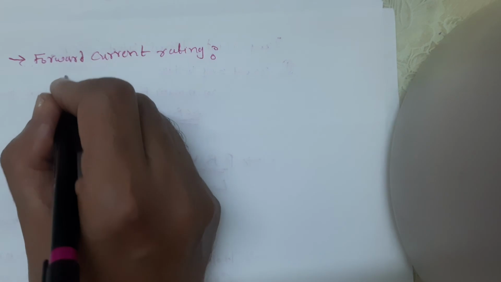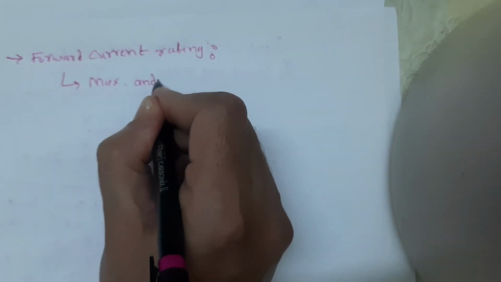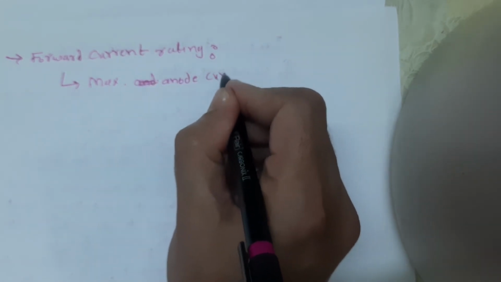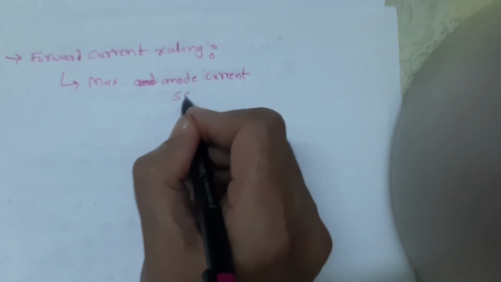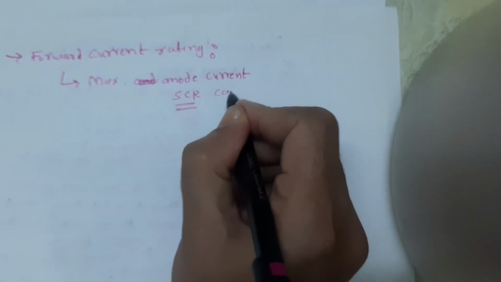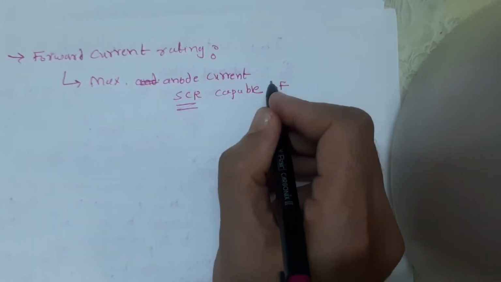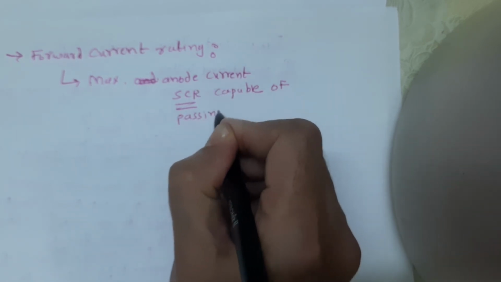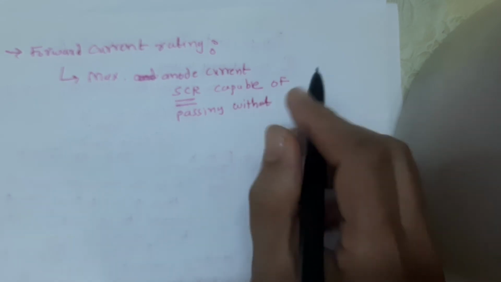It is the maximum anode current that an SCR is capable of passing without destruction.